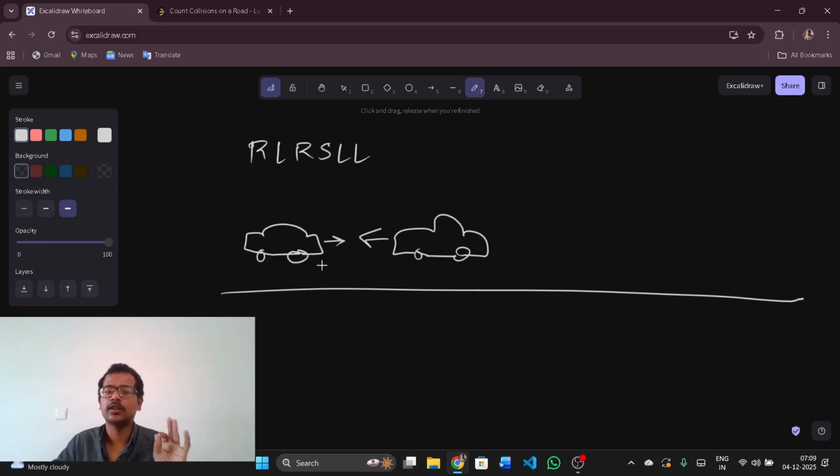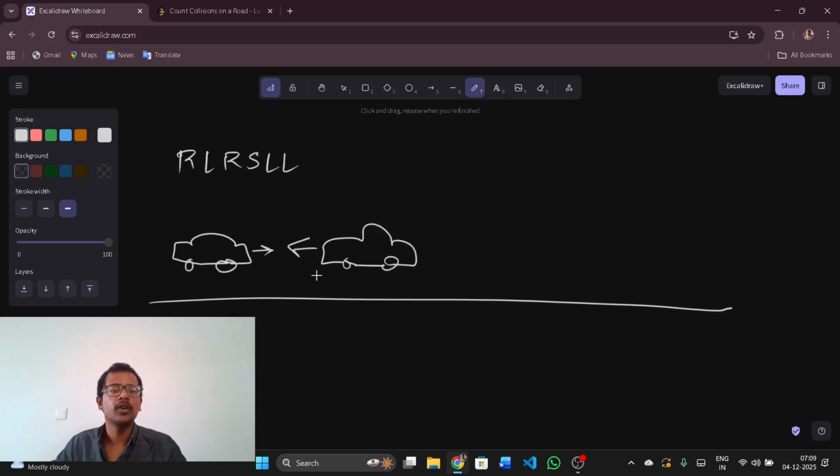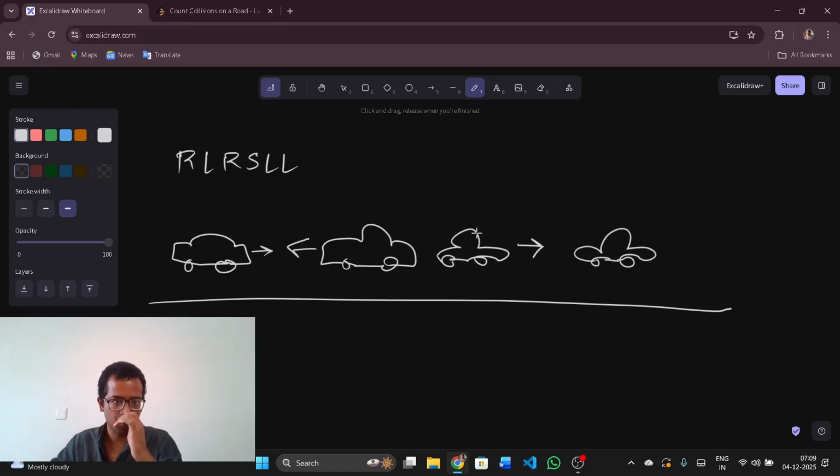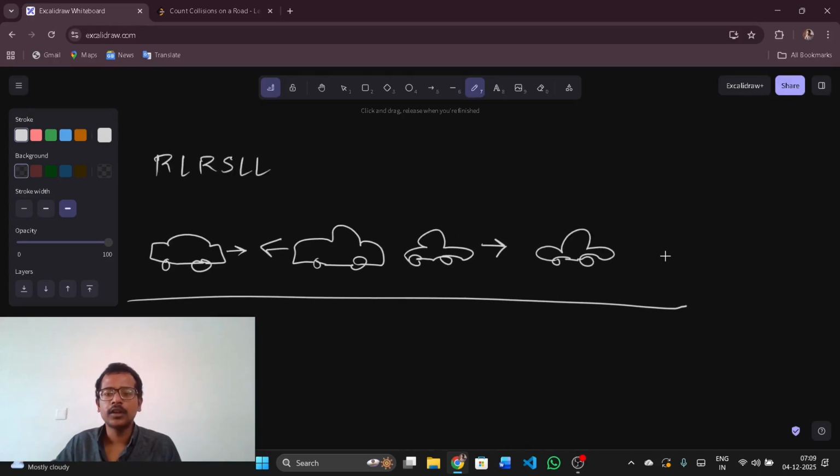It is certain that these two cars will collide. Let's now take another car which is moving in the right direction, and there is another car at a stationary point. Now there are two cars moving in the left direction.